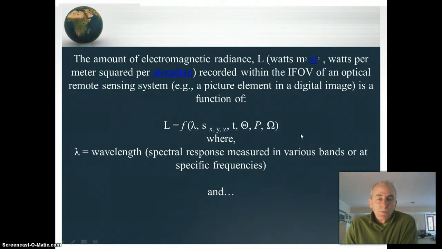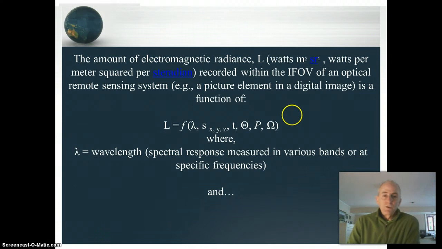So normally we're looking at radiance. We're looking at the reflected radiance from different parts of the Earth, very small parts of the Earth, usually from within a pixel, which is probably the most common unit that we use.